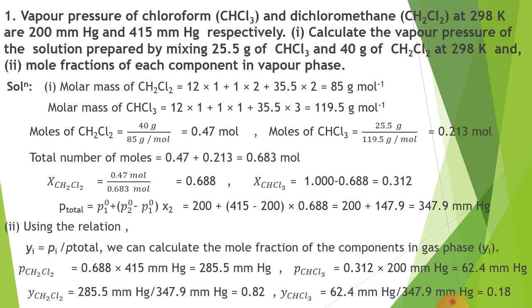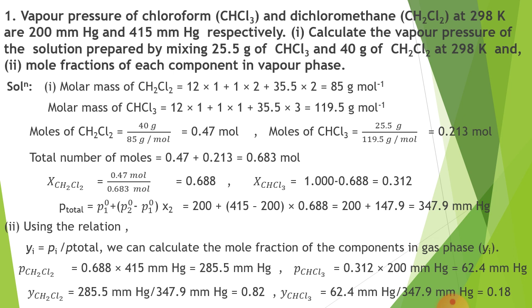Now, using the relation Yi equal to Pi by P total, we can calculate the mole fraction of component in vapor phase or gas phase. So here P of dichloromethane equal to P01 X1.